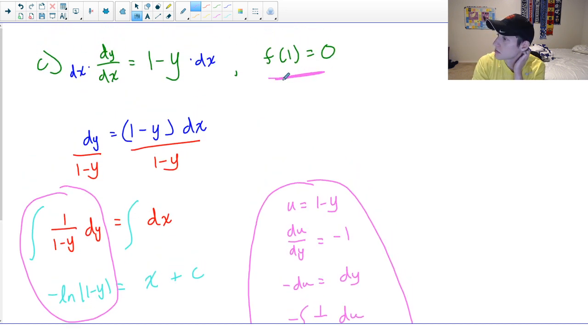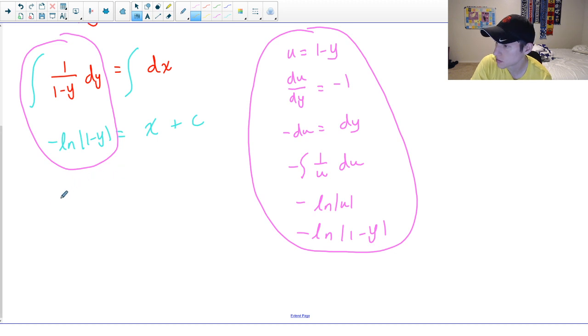Because we know f of 1 is 0. So let's use our initial conditions to solve. So f of 1 is 0. If I plug in 1 for the x value, I should get 0 for the y value.